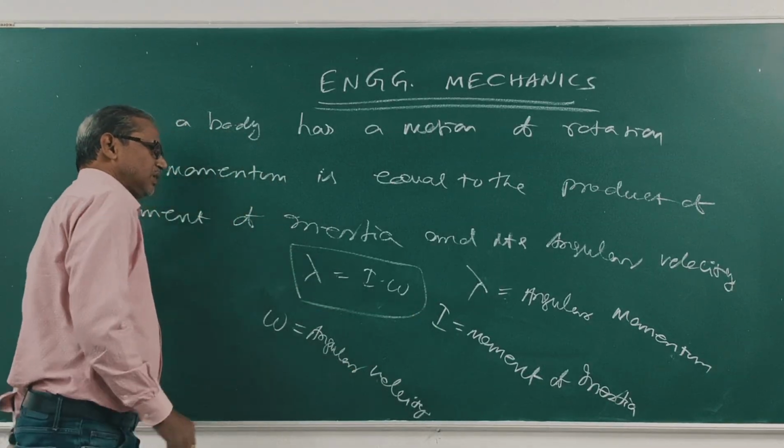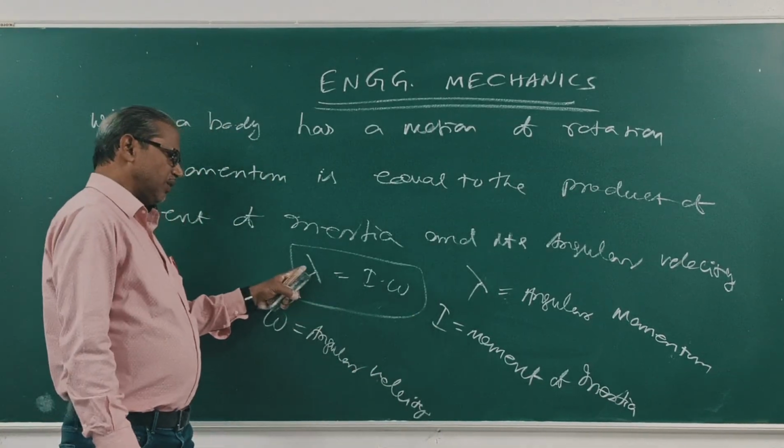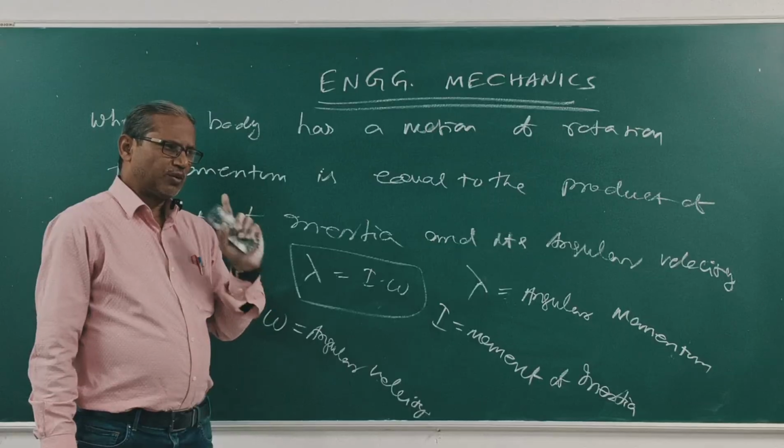Clear? That P is called linear momentum, lambda is called angular momentum.